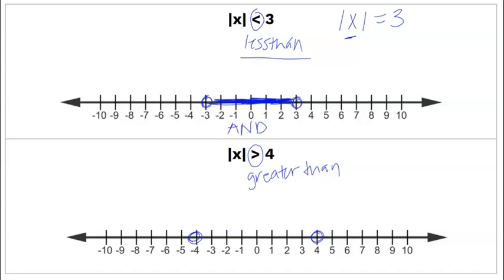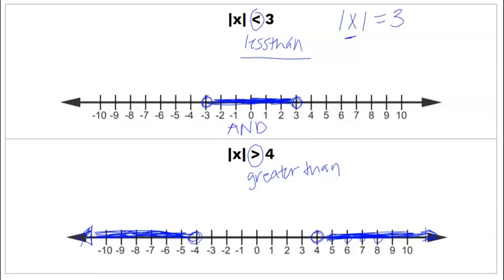So 5 would have an absolute value that's greater than 4 because 5 is 5 jumps from 0. Same as 6, 7. Those would all be greater than. So what we can do is shade those numbers and make that inequality graph. And then we would also shade the opposite over here because all of those negative values would also have an absolute value that is greater than 4.